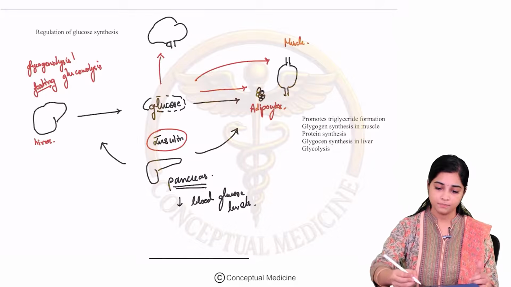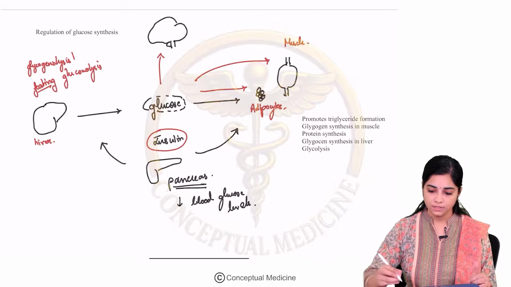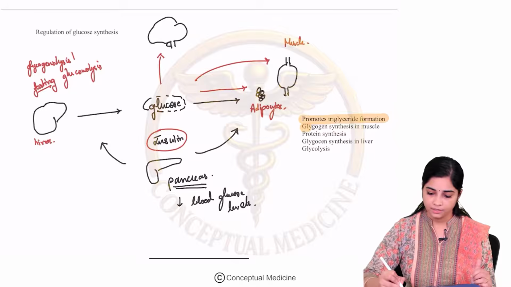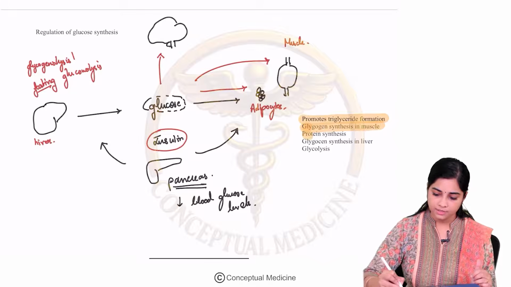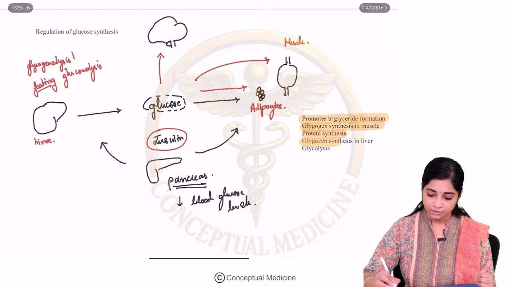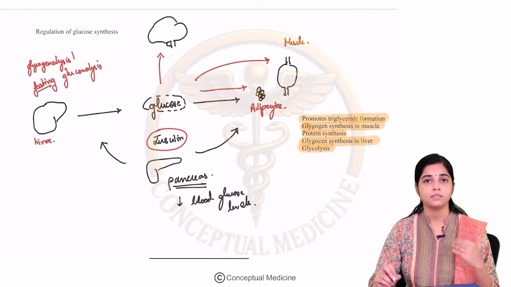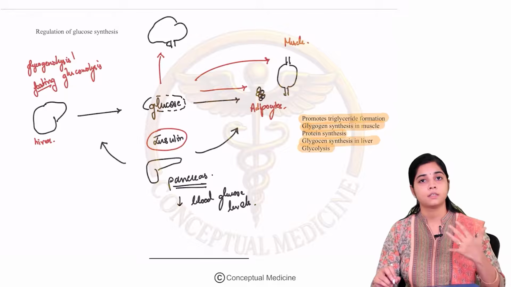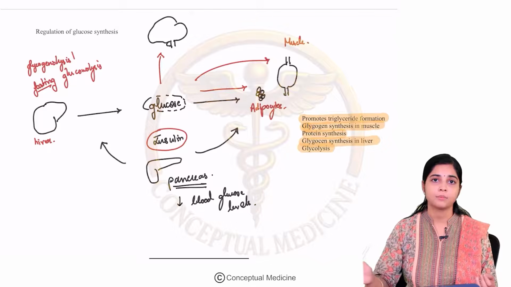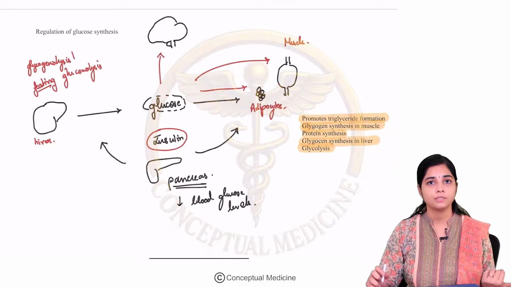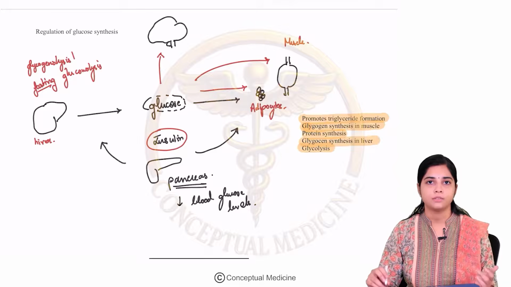So how does it bring about these processes? Insulin promotes triglyceride formation in the adipose tissue. Then it promotes glycogen synthesis and protein synthesis in the muscle. Then it promotes glycogen synthesis and glycolysis in the liver as well. If the glucose is done with its peripheral actions on the muscle, brain and adipose, then the extra glucose goes back to the liver to be stored as glycogen.